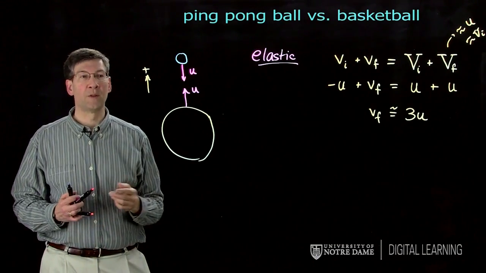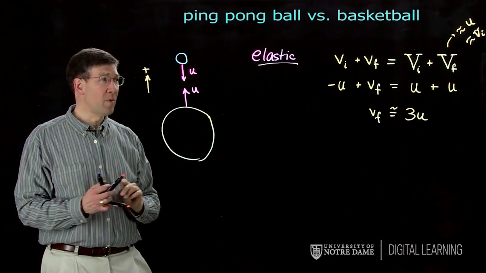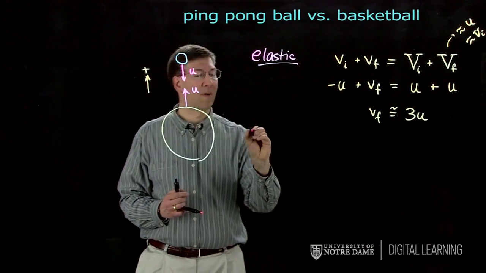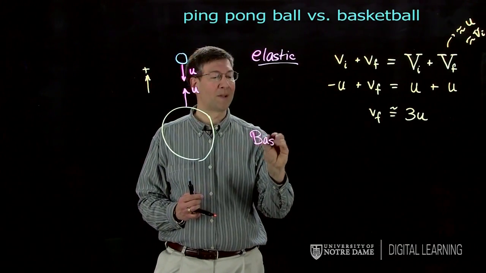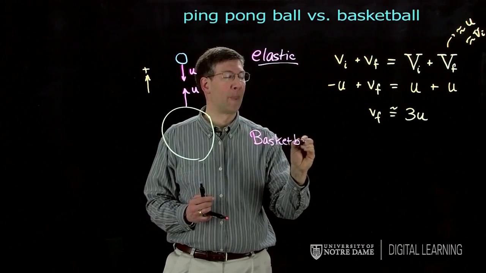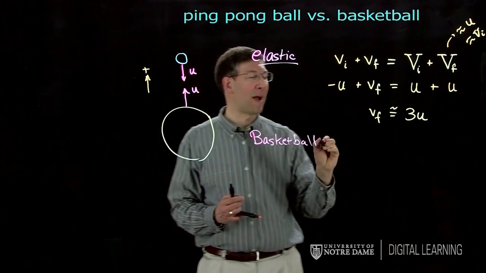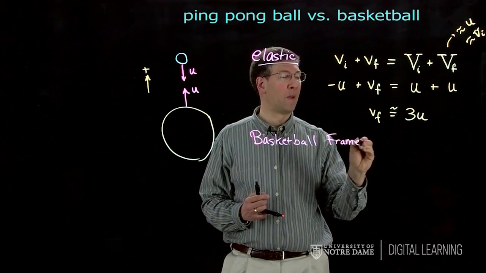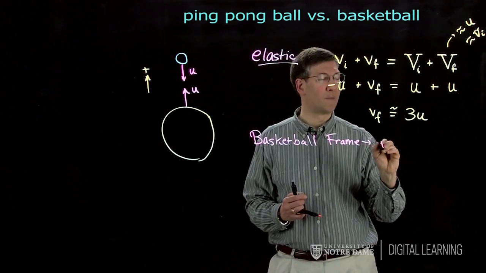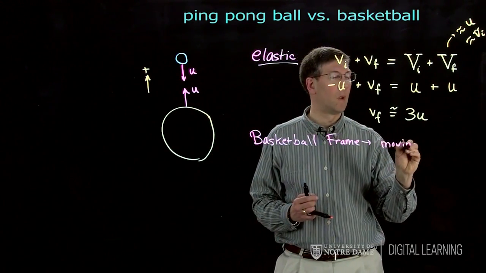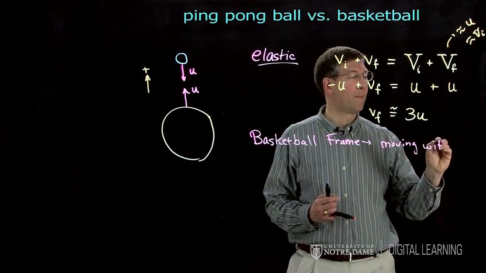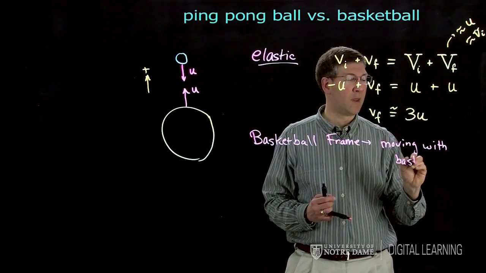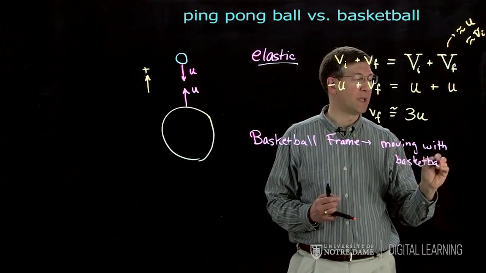Now there's another way to consider this. Since we were talking about reference frames, let's move to the frame where the basketball is at rest. That's the basketball frame, so we're moving along with the basketball. Let's see what we see.